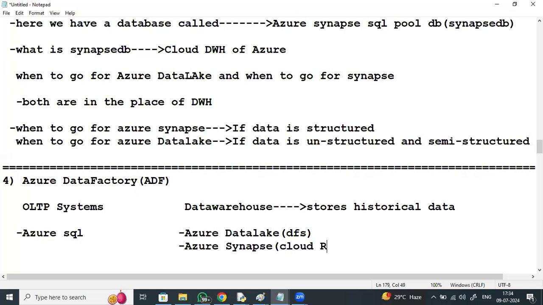Cloud RDBMS for data warehouse. All right. So what are the other OLTPs like Oracle? SQL Server.